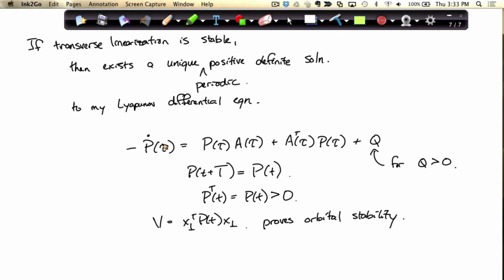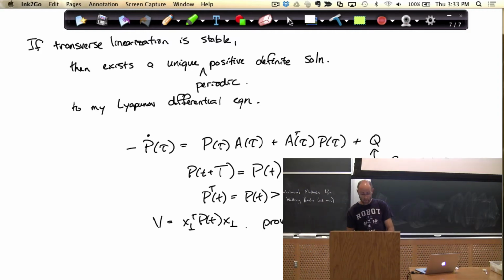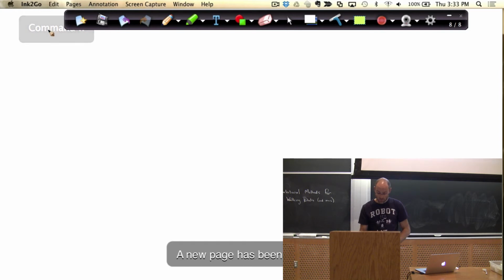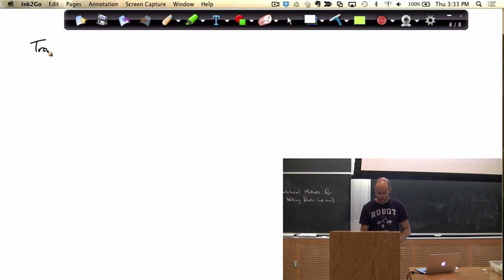It's a bowl around my trajectory, okay? And it's one that I could optimize with sums of squares. I've got some nice examples of that for the rimless wheel. Well, let's think about the rimless wheel first, okay? But actually, there's something important I didn't say yet. So, how do I do transverse coordinates for hybrid systems?